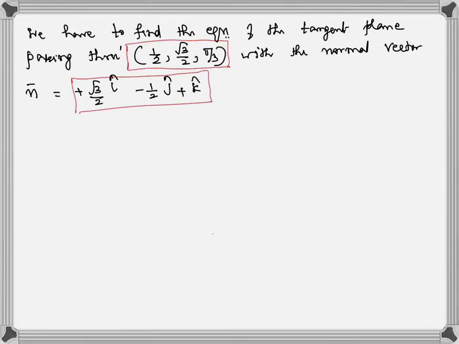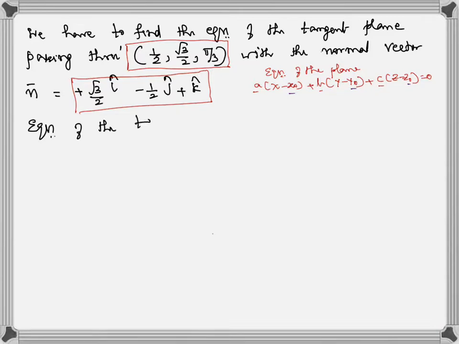So here we are going to use the equation of the plane, which is a(x - x0) + b(y - y0) + c(z - z0) = 0, where a, b, c are the components of the normal vector and (x0, y0, z0) is the point through which the tangent plane is drawn.